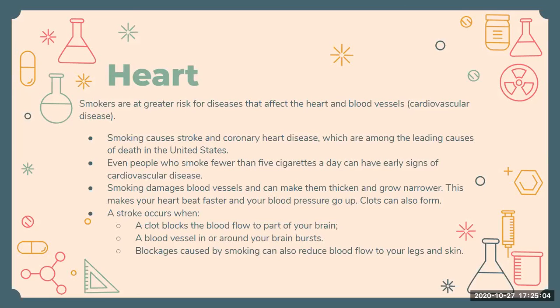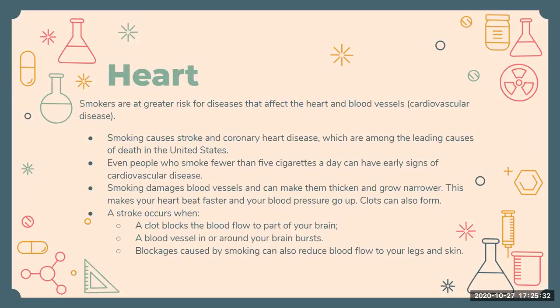Continuing with the heart. Smokers have a greater risk for disease that affects the heart and blood vessels, cardiovascular disease. Smoking causes stroke and coronary heart disease, which are among the leading causes of death in the United States. Even people who smoke fewer than 5 cigarettes a day can have early signs of cardiovascular disease. Smoking damages blood vessels and can make them thicken and grow narrower.